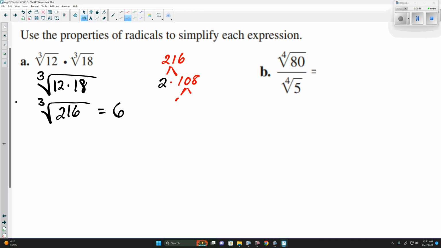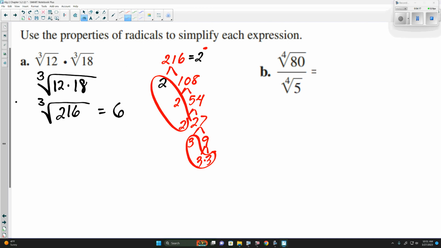Now 108 is going to be 2 and 54. 54 is 2 and 27. Now 27 isn't divisible by 2 anymore, but it is divisible by 3. 3 and 9 is 3 and 3. So we have 3 3s and 3 2s, which means 216 is the same as 2 to the third times 3 to the third, guys.